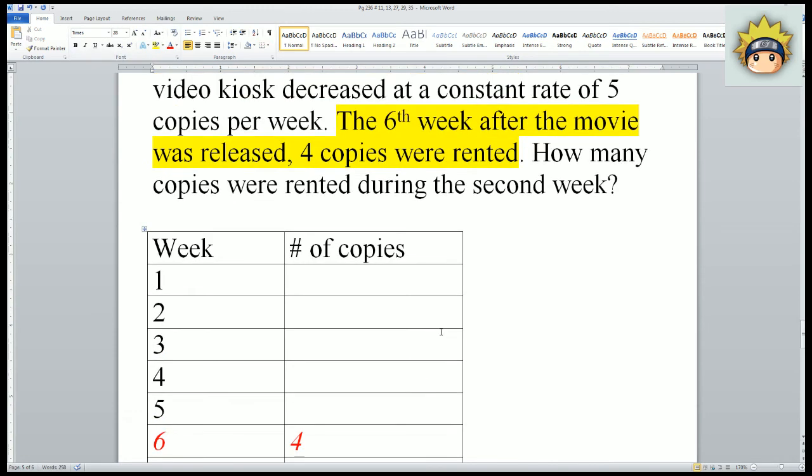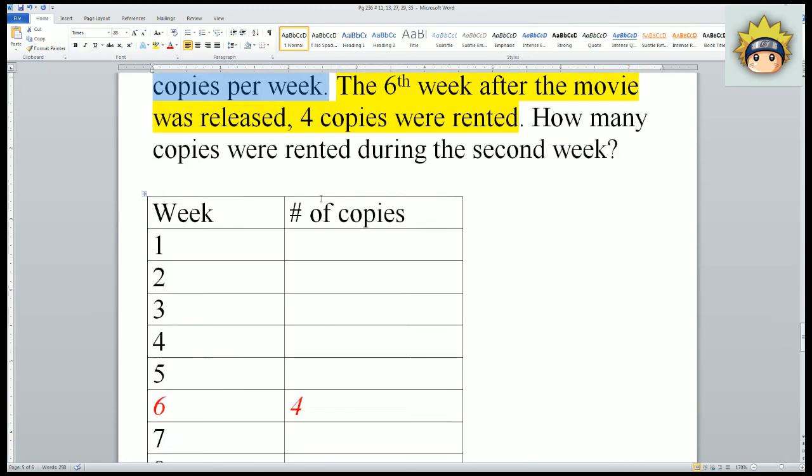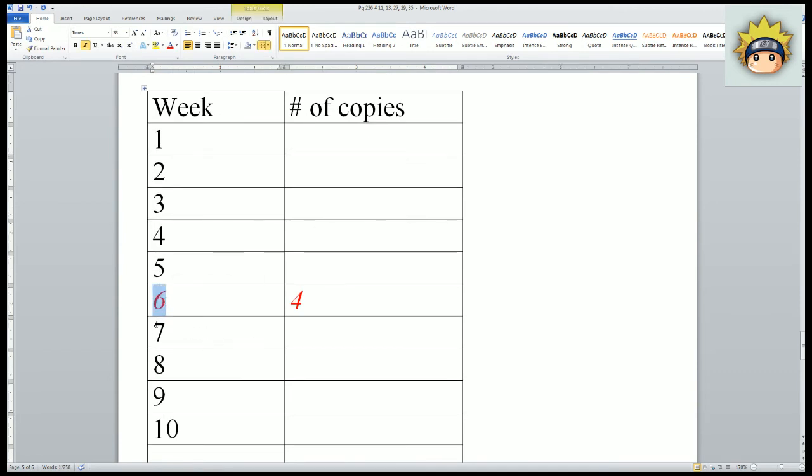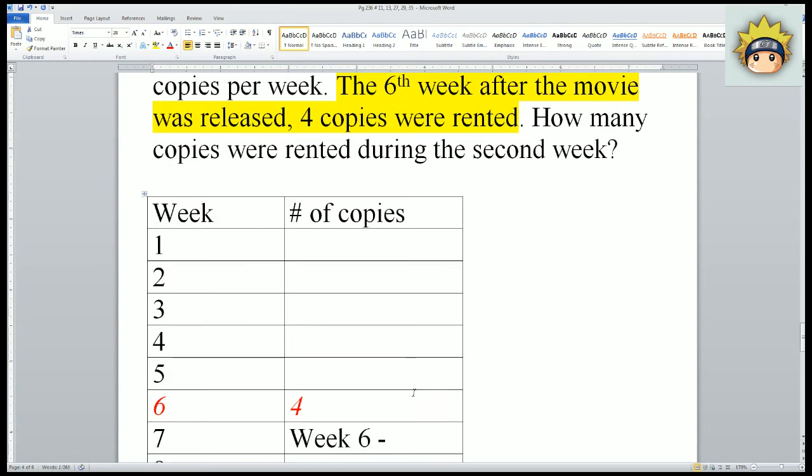Now, it says this is the constant rate. It decreases 5 movies per week. So from this week to this week, for the 7th week, it is week 6 minus 5, because it says decrease.